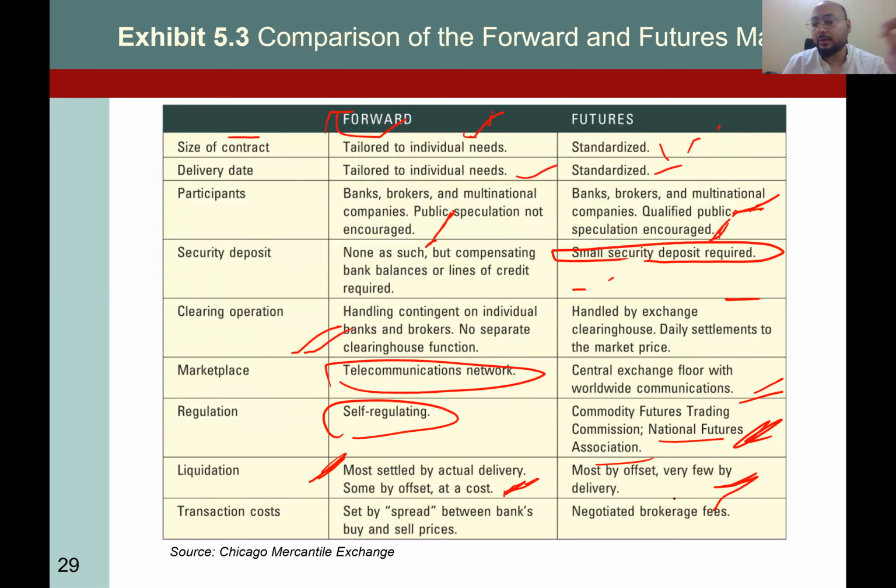No actual currencies are transferred, only the difference is transferred, that's it. Transaction cost: there it is the bid-ask spread, but here it is brokerage fees. We will be doing it on your behalf and charging 1%, 0.1%, or 0.5% of the total value, depending on their fees.